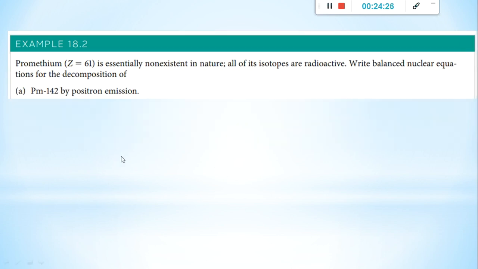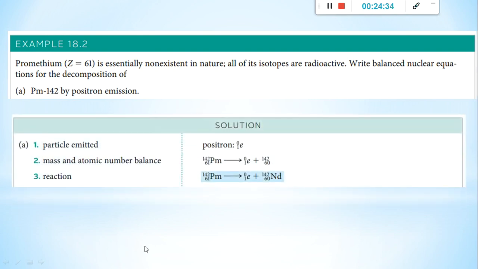So let's try letter A first. Promethium 142 by positron emission. So we have a solution. The particle emitted, take note, it mentioned that it is positron. So we have here 1 electron.